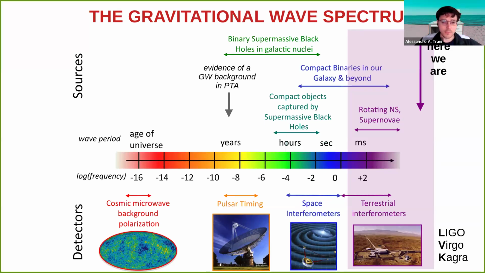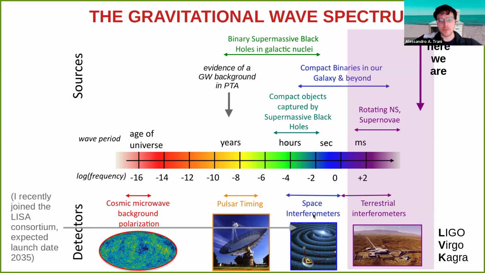And so if we measure some correlation in the pulsar timing delay, then we can measure this gravitational wave background. But we are talking about much larger waves due to supermassive black hole binaries, so not stellar mass black holes.